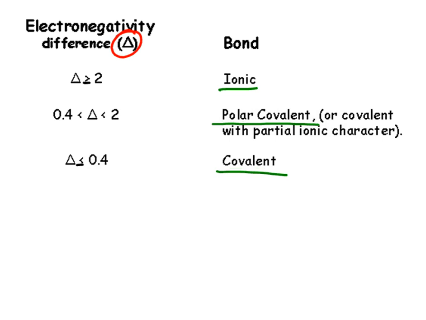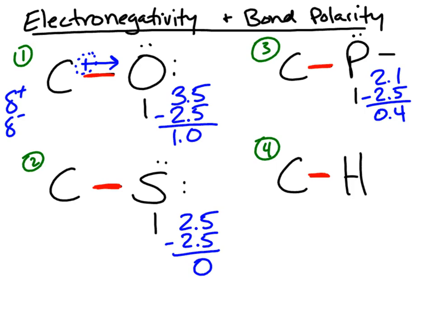So in this case, the 0.4 for the carbon-phosphorus bond would be a non-polar covalent bond, which means I don't draw a dipole. And then carbon-hydrogen, hydrogen is 2.1 again, just like phosphorus, minus 2.5, that'd be 0.4, so this would be a non-polar covalent bond.